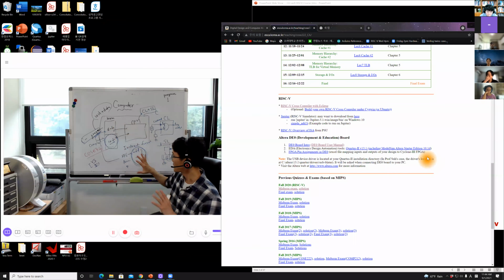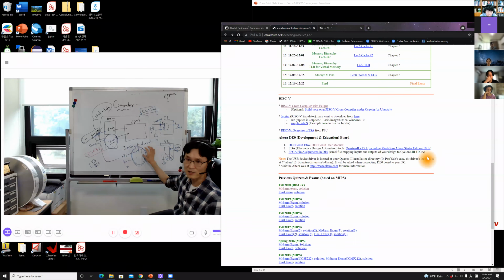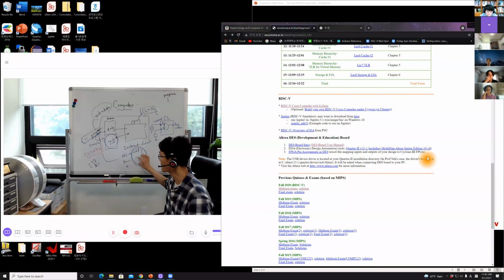So even though CPUs provide different instructions, their functions are very similar. That is why if you understand one CPU, it is very easy to understand other CPUs.